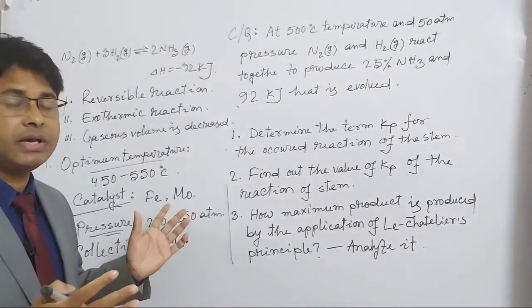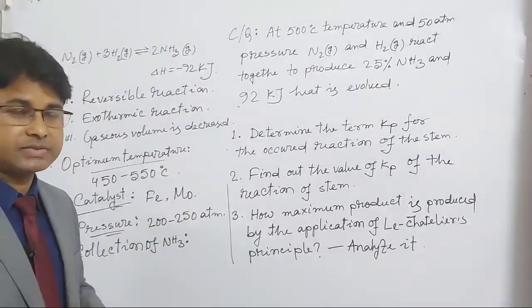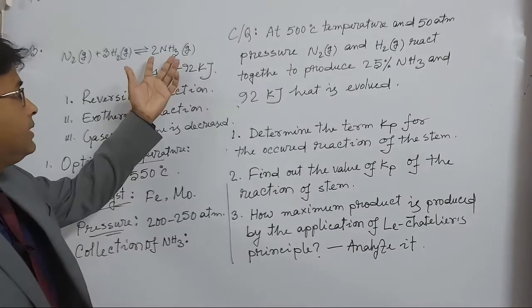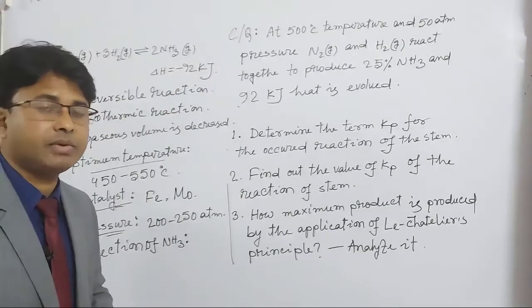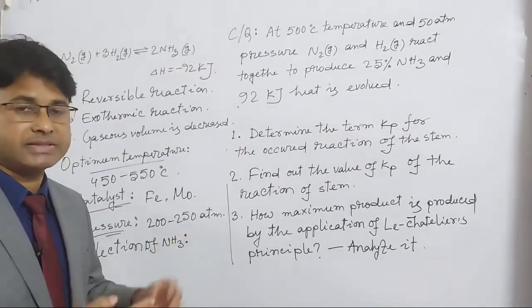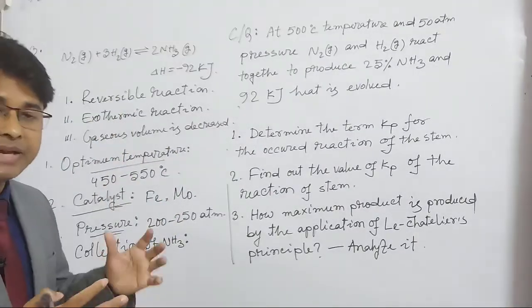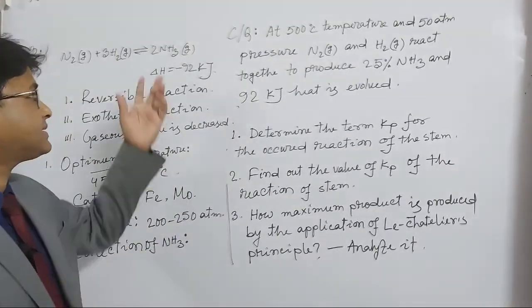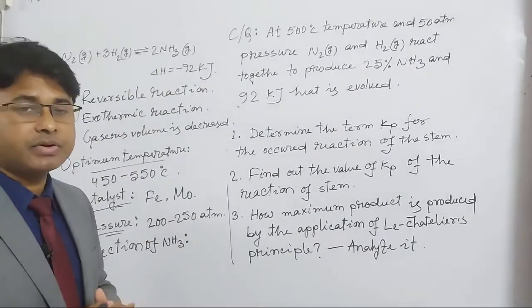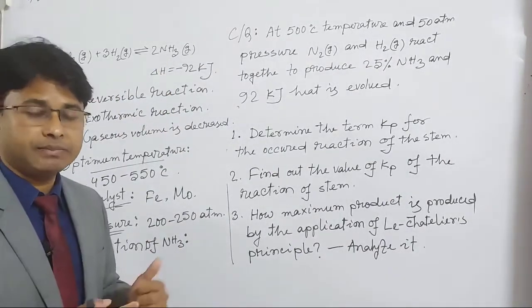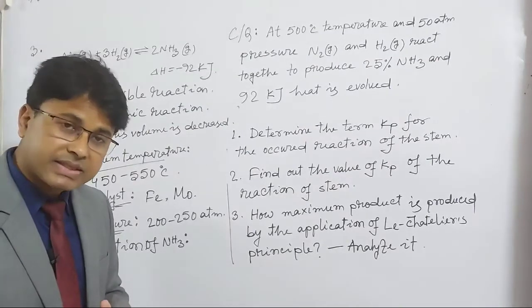It will be a loss. That's why after some time the ammonia should be removed from the reaction system to hinder the backward reaction. By this process, maximum ammonia can be produced by the application of Le Chatelier principle.